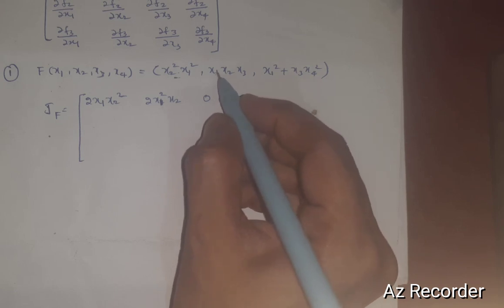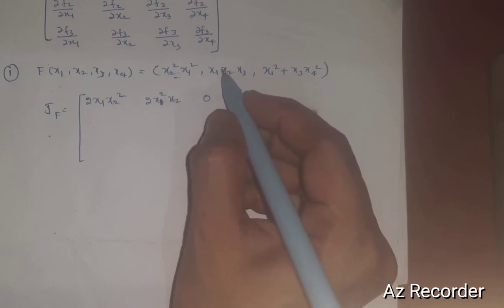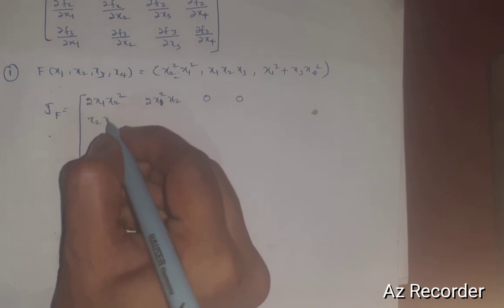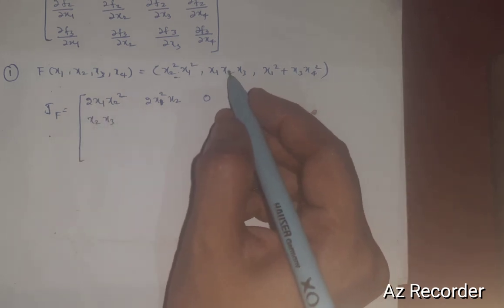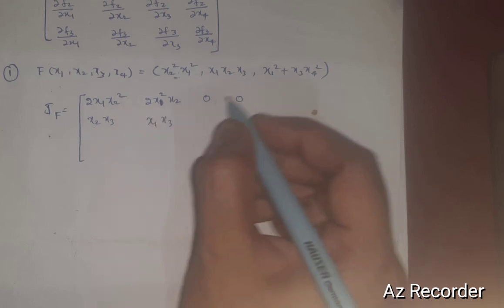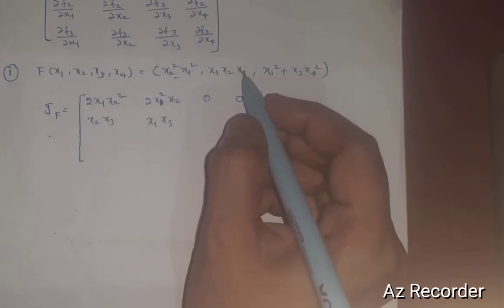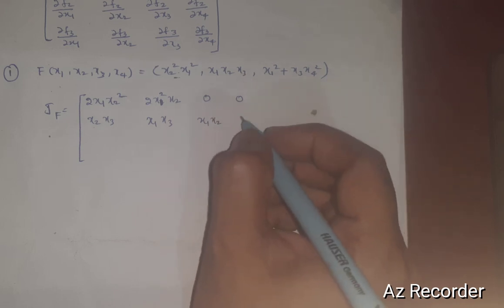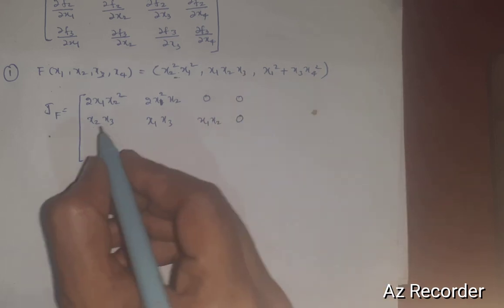Next, f2 is x1 x2 x3, so the partial derivative of f2 with respect to x1 will be x2 x3, with respect to x2 will be x1 x3, with respect to x3 will be x1 x2, and with respect to x4 is 0.